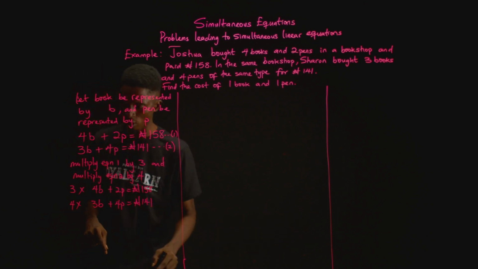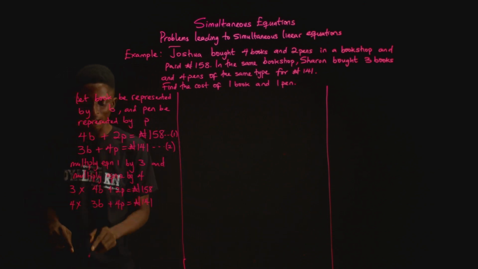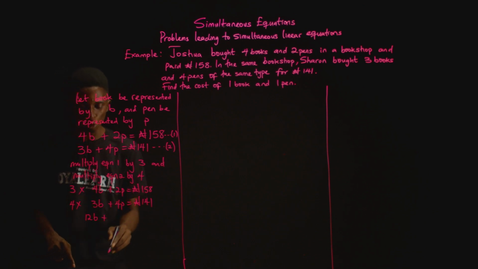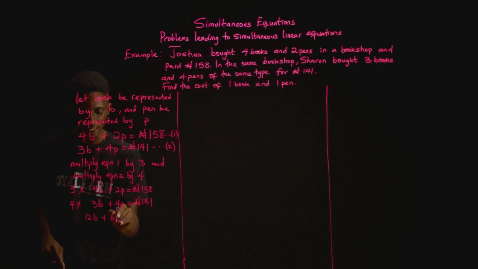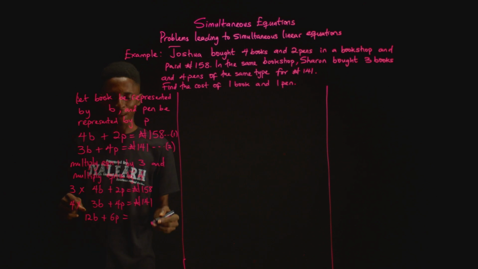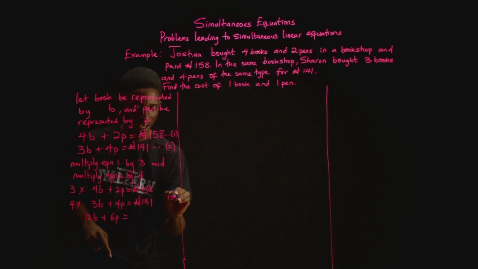Now let's see what this gives us. 3 multiplied by 4 would give us 12, so 12B plus 3 multiplied by 2 will give us 6P equals, now we multiply 158 by 3.